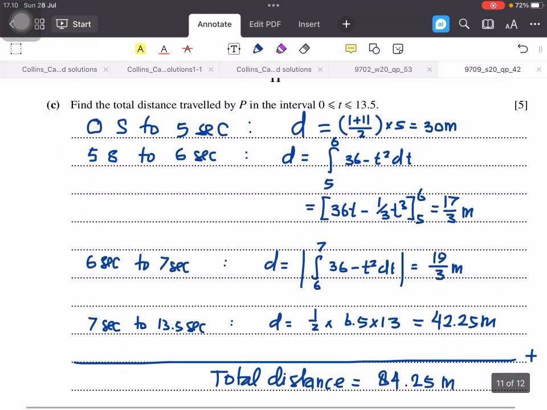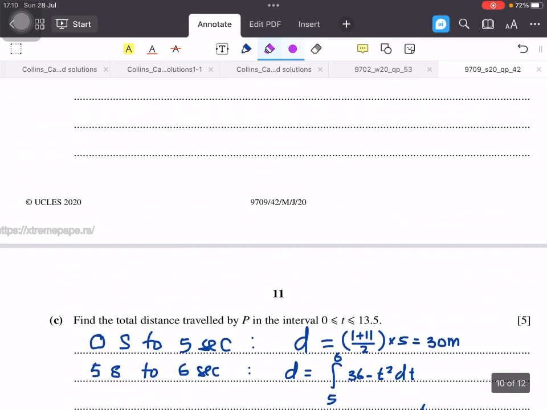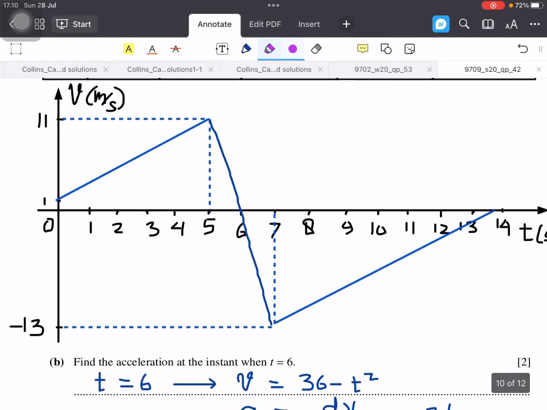And then for part C, find the total distance traveled by P in the interval 0 less than or equal to t less than or equal to 13.5. We have to remember that distance is always positive. So I'm going to divide the graph into some sections.